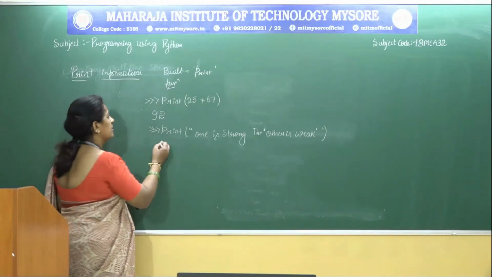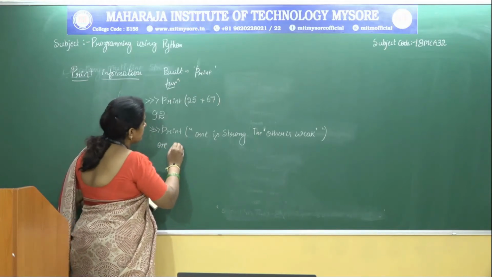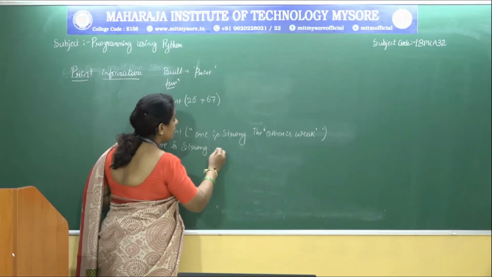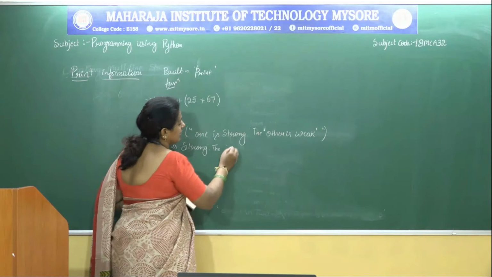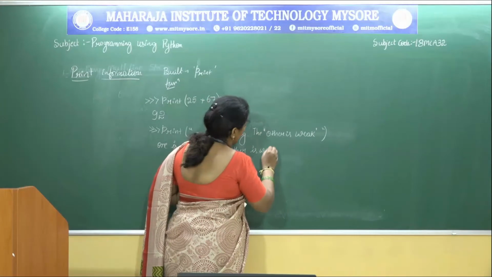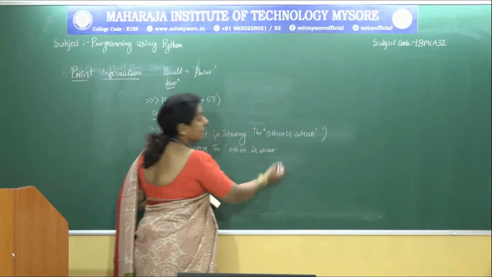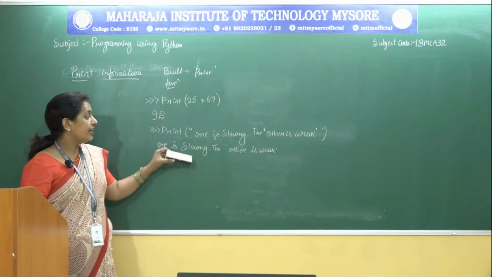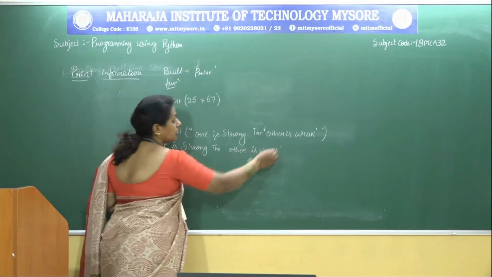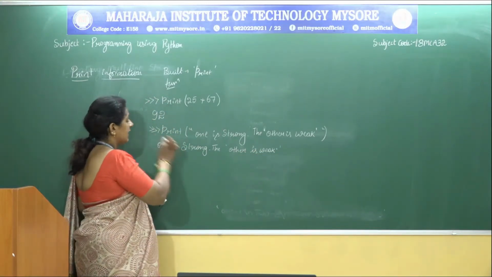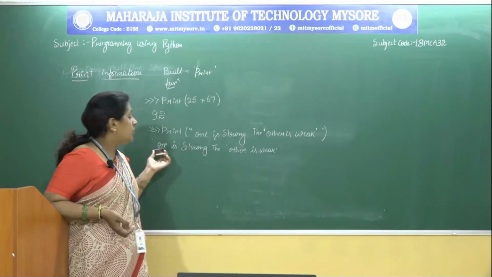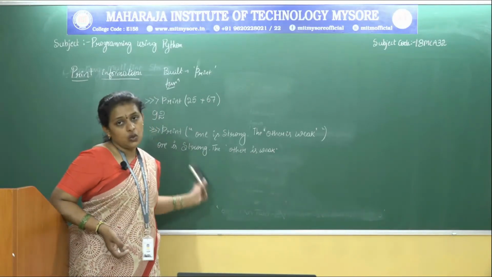So the output of this is: 1 is strong, full stop, the other is weak. See, when we execute the same statement as a string, there will be a single quote between the start and the end. But when we execute it with the print function, it omits the single quotes.